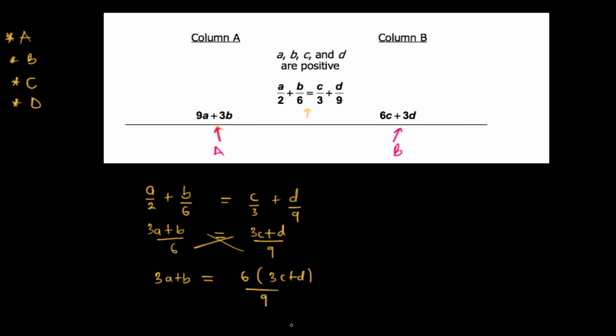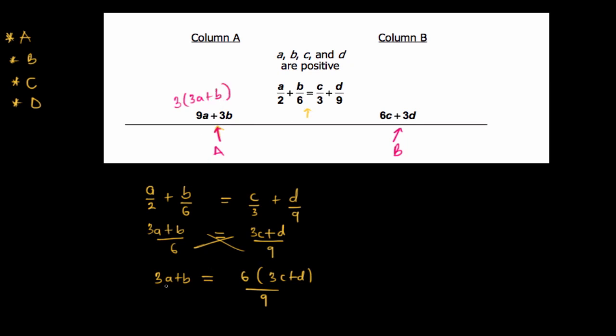Now coming back to the question, in quantity A we have 9A plus 3B, but what I have here is 3A plus B equals this. I can factorize 9A plus 3B as 3 into 3A plus B.